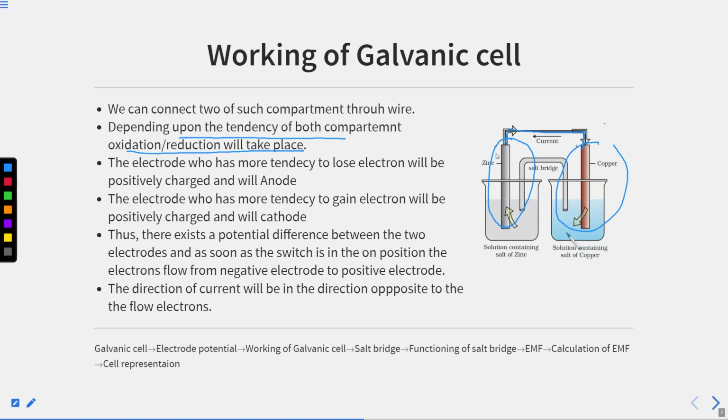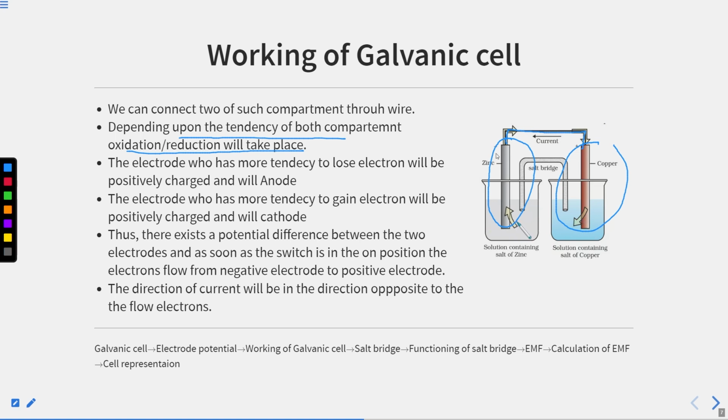At the same time, this liquid has a tendency to go onto the metal electrode. But suppose the tendency of this metal to go into the water is more. In that case, this metal will go into the solution and generate 2 electrons.